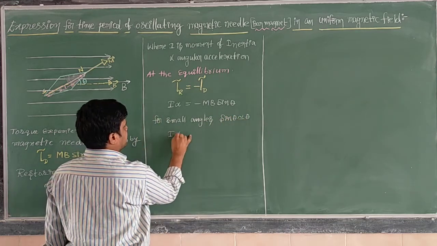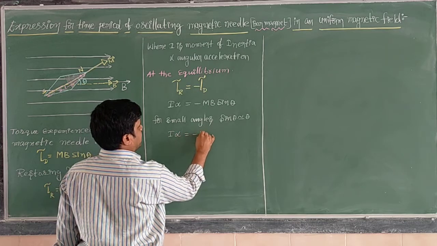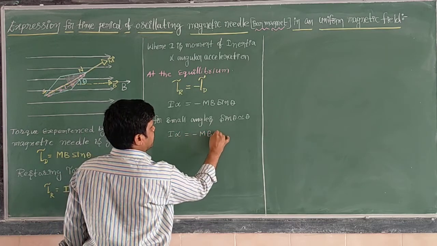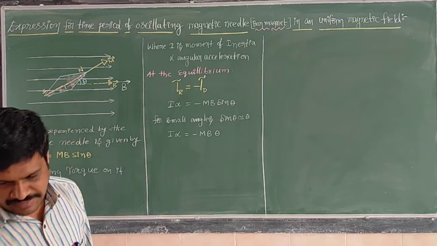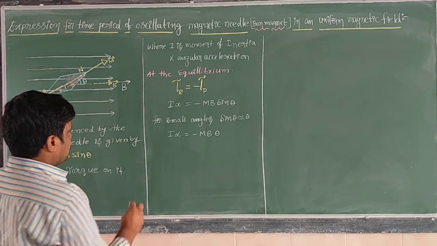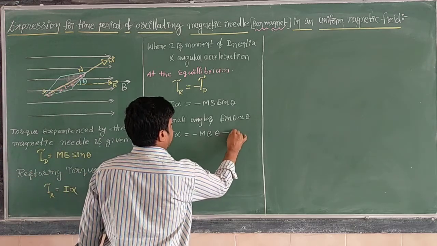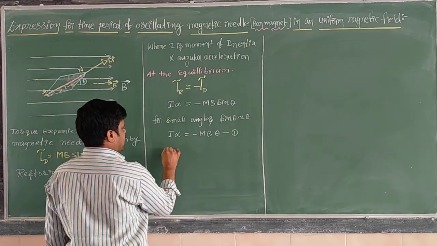So the above relation is I alpha is equal to minus mB theta. Now this is equation number 1.